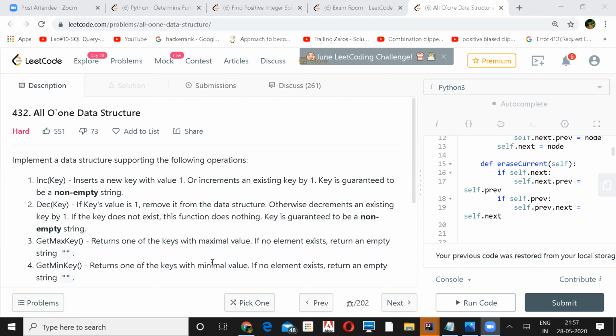If many keys have the same count, you can return any of them, and the same applies for the minimum. So there is no order there.